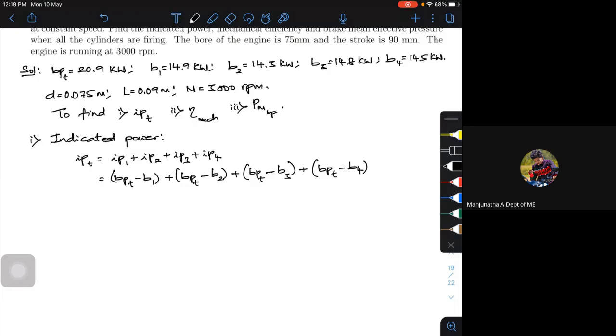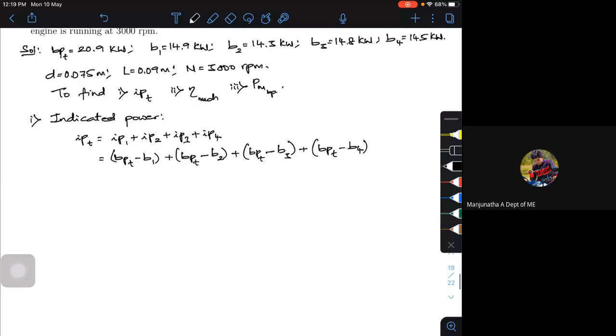Now if I do this operation, it is simply 4 times BPT minus B1 plus B2 plus B3 plus B4, a simple mathematical operation where I can just add up everything.